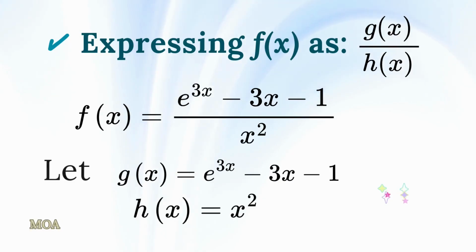To resolve this, we express f(x) as a quotient of two functions, g(x) and h(x), where g(x) equals e raised to the power 3x minus 3 times x minus 1, and h(x) equals the quadratic monomial x squared.